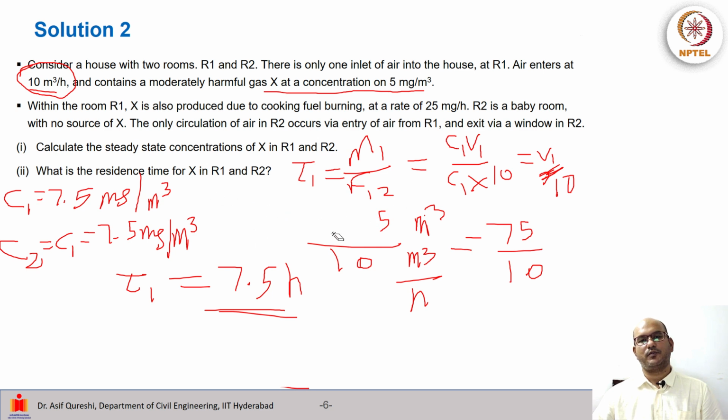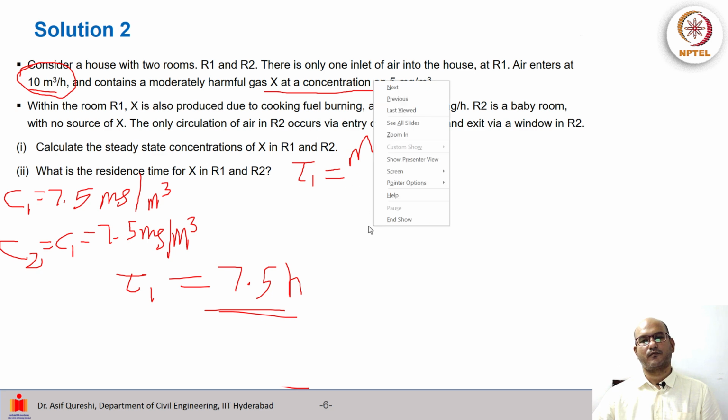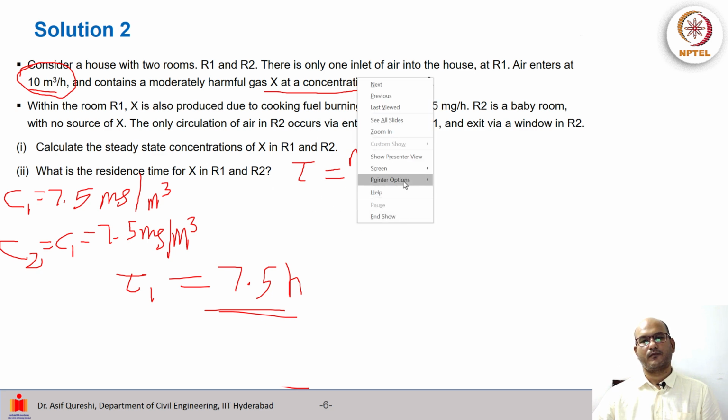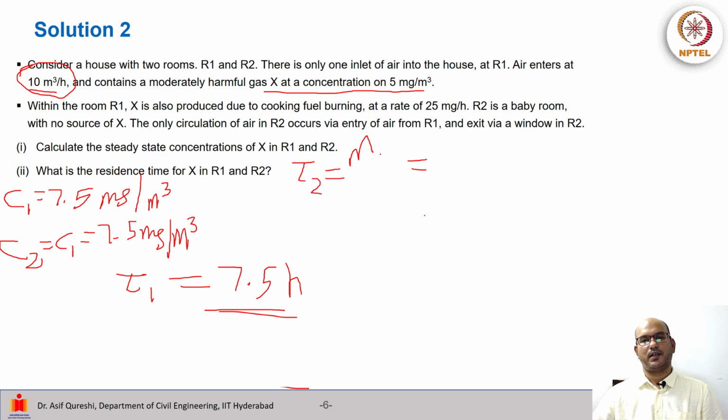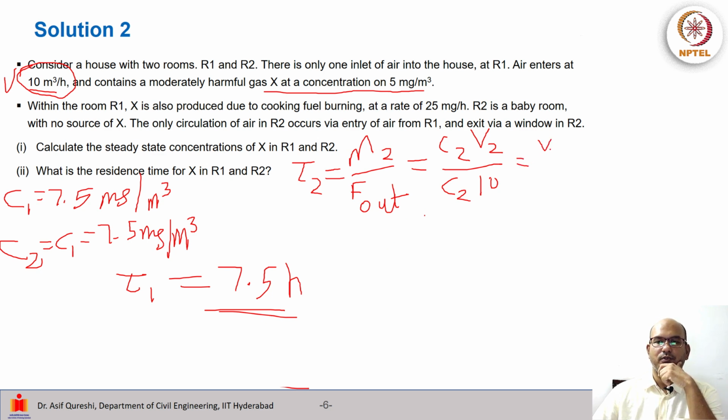Tau 2 similarly would be M2 divided by F out. So here M2 is C2 multiplied by volume, divided by C2 multiplied by 10 meter cube per hour, this thing again. So this actually becomes V2 by 10.